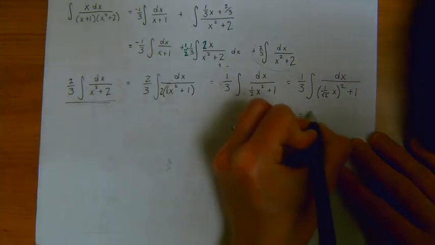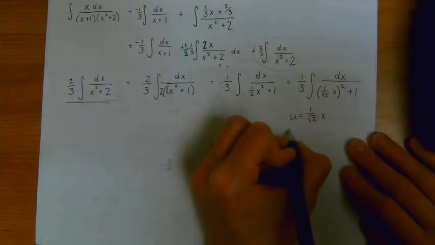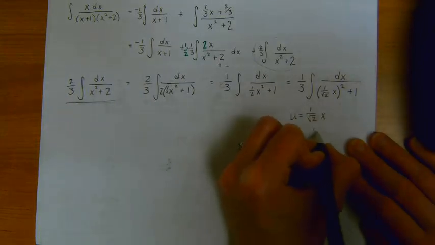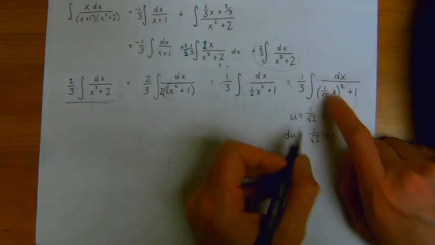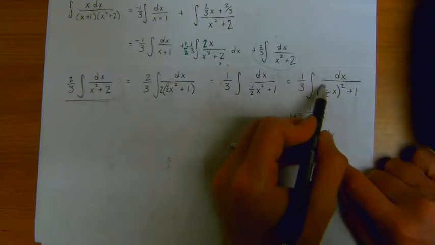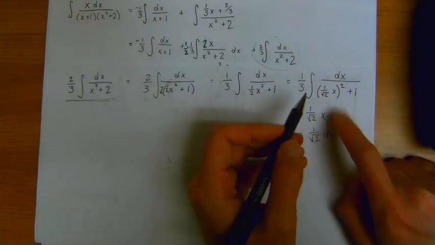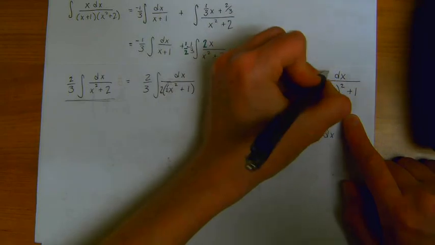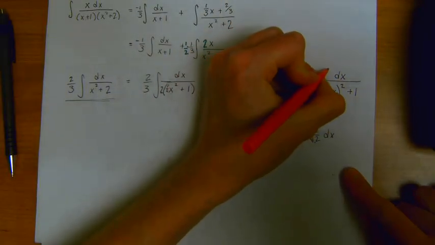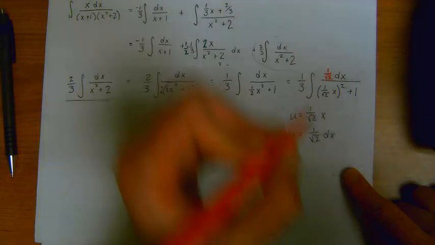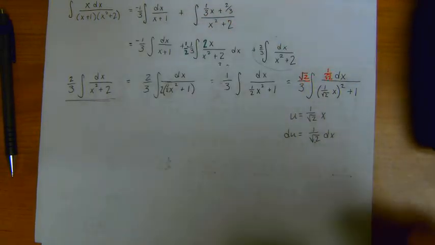Let's let u equal 1 over the square root of 2x. du is the derivative of that. I don't have just a 1 over square root of 2 hiding anywhere. This is being used up for the u part. So somehow I need to multiply this by 1 over square root of 2, and that means I'm multiplying out front also by the square root of 2.